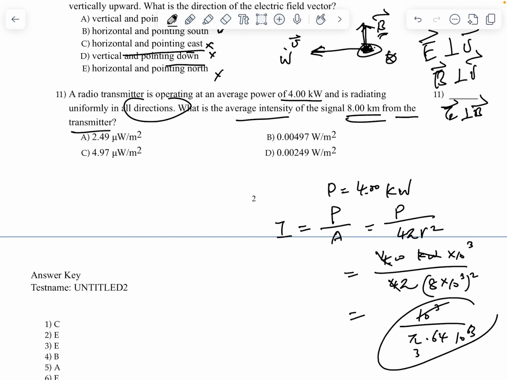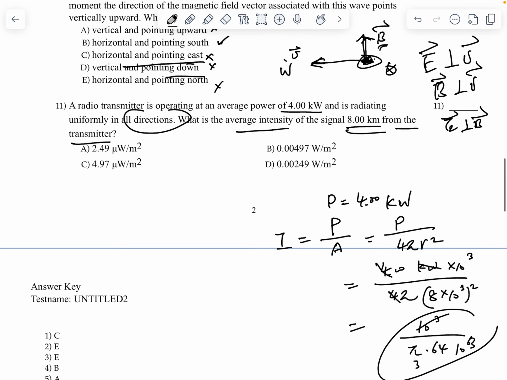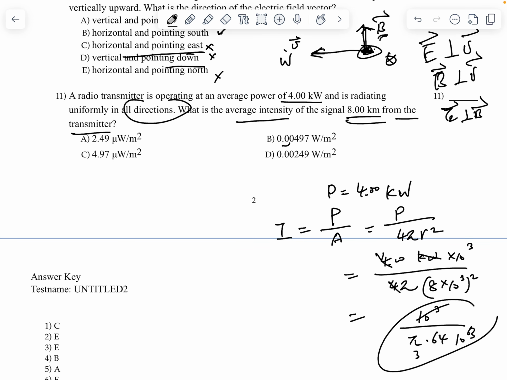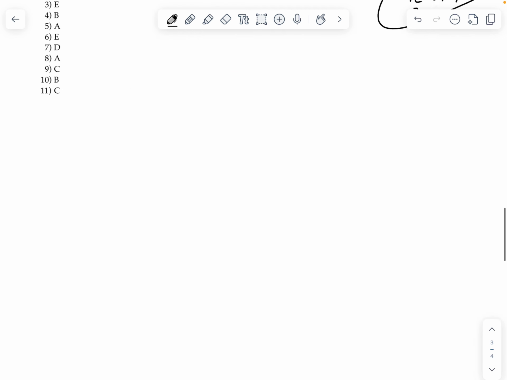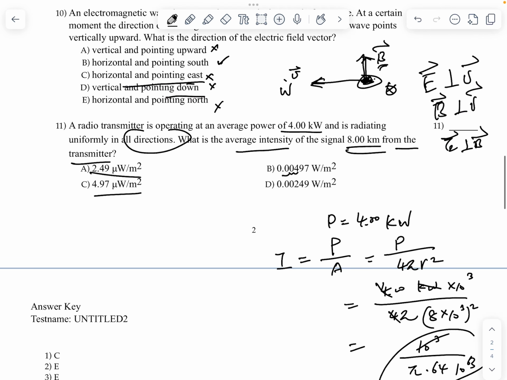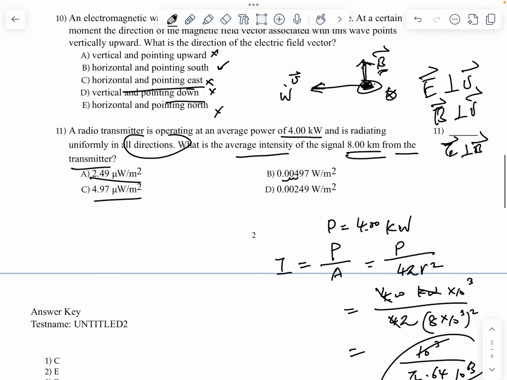It's very small anyway, so just use a calculator. I guess it would be in the micro range, definitely less than milliwatts per meter squared. Anyway, use your calculator and figure this out.